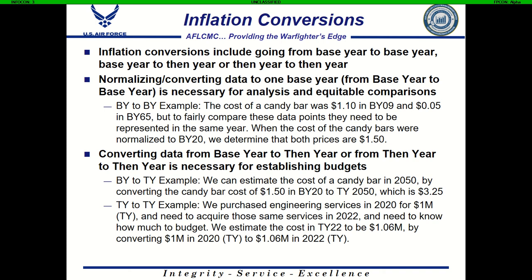Again, think of it as, okay, what if the government's going to buy a candy bar? So we're then going to convert that $1.50 cost from base year 2020 to a then year 2050 using a weighted index. When we convert that base year 2020 value to a value in a future year, 2050, we get $3.25.